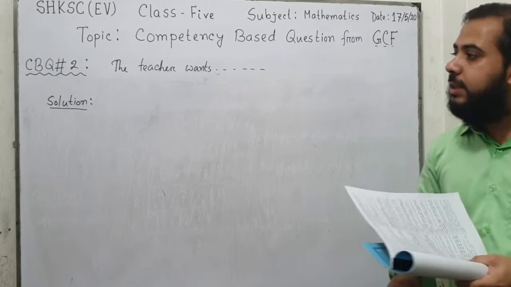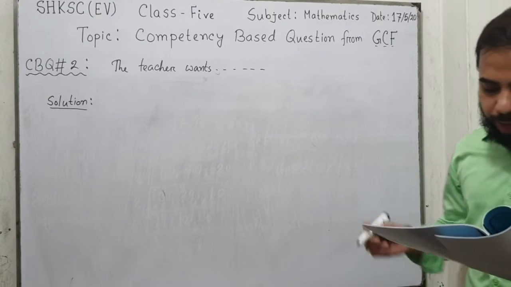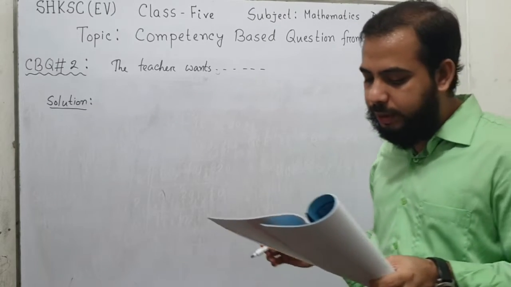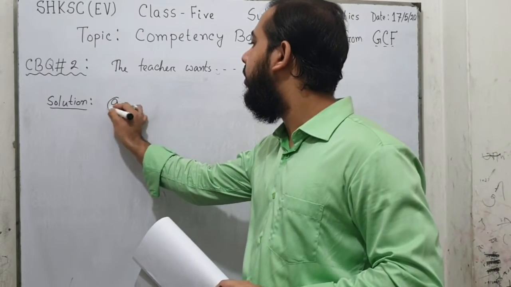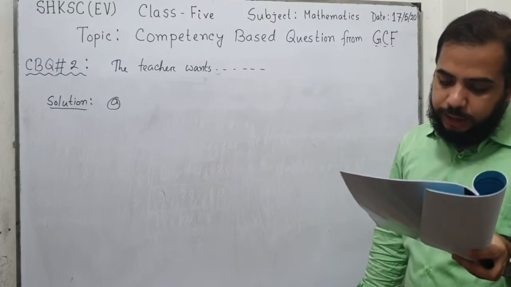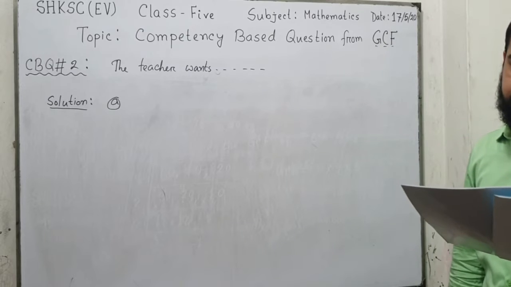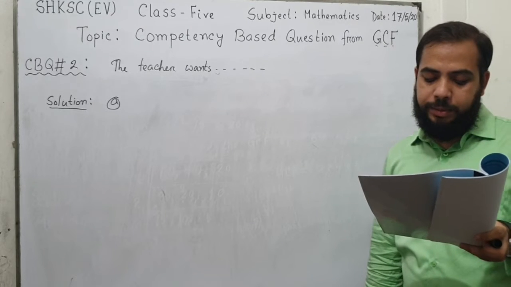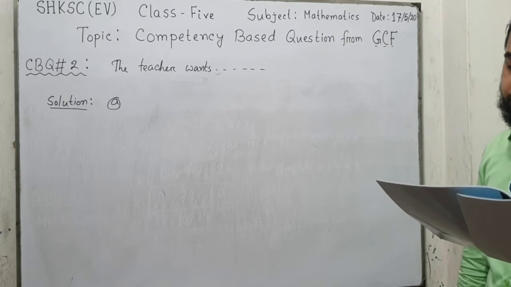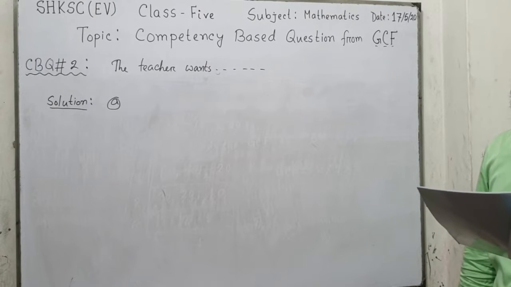Question A asks, find the maximum number of students among whom the teacher can distribute those items equally. And question B says, how many chocolates will a student get more than bananas?